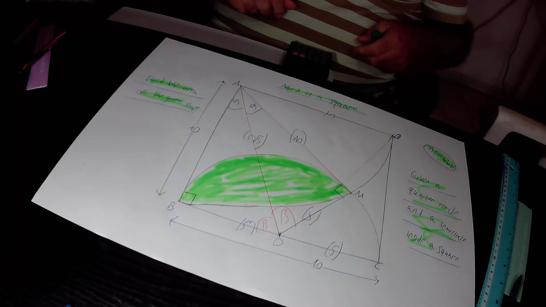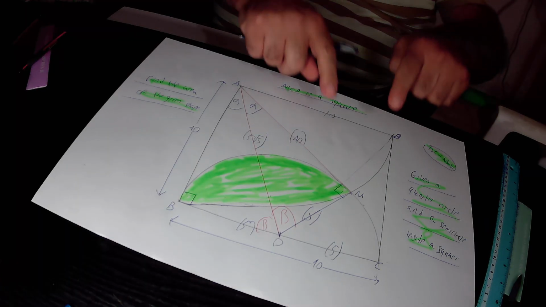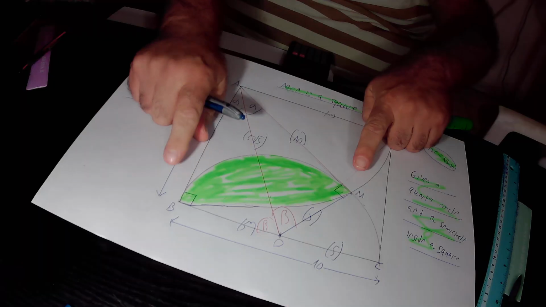In the next step we will join points M and B together by a straight line.